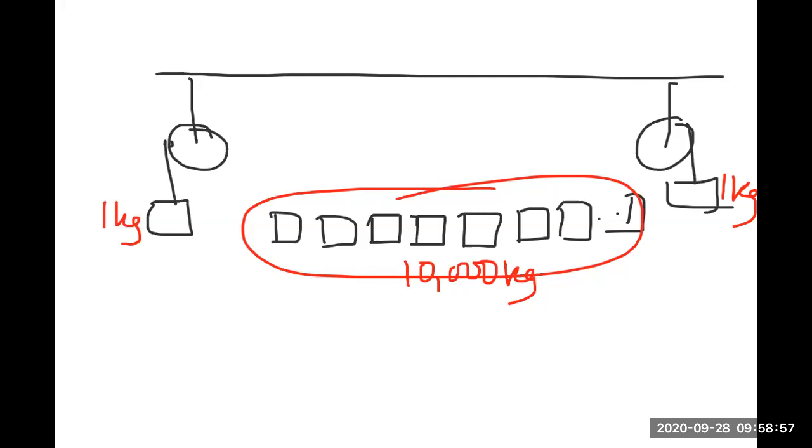Using this particular Atwood machine, you can use 2 kilograms to lift 10,000 kilograms. Right? आपके पास 2 किलो है एक तरफ, दूसरी तरफ 10,000 किलो है. 2 किलो नीचे जाएगा, 10,000 किलो ऊपर आएगा. So using a combination of pulleys and strings, you can actually lift up a huge amount of mass. Okay?